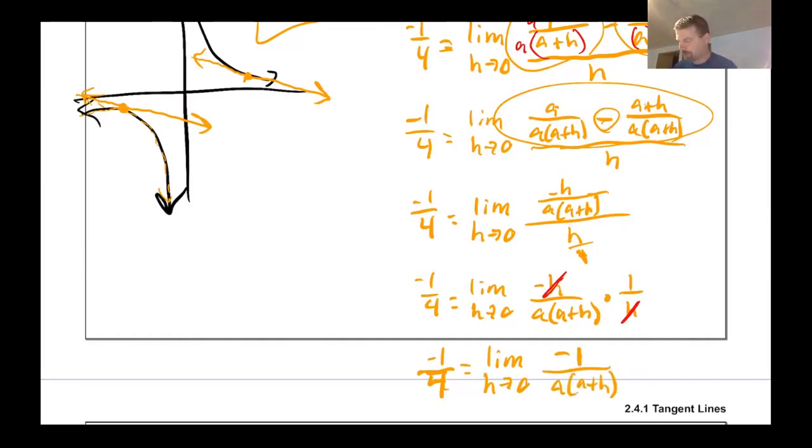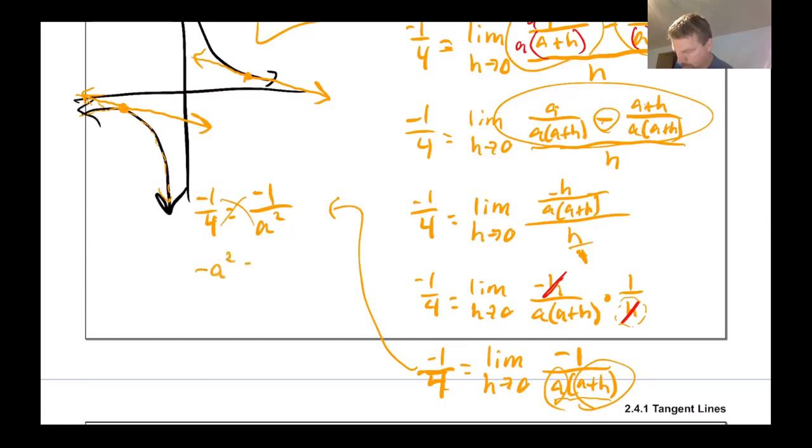I couldn't before because I can't divide by 0, but now that I wouldn't be dividing by 0, plug that 0 in. I'll have negative 1/4 equals negative 1 over a squared, because this would be a times a plus 0, which is a times a, which is a squared. We almost have this. Do a little bit of cross multiplying. That'd be negative a squared, or cross products, whatever you want to call it, equals negative 4.